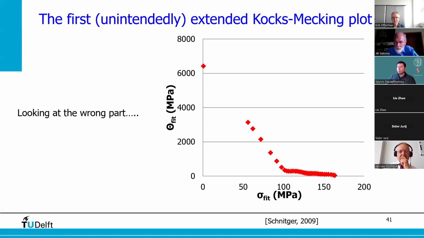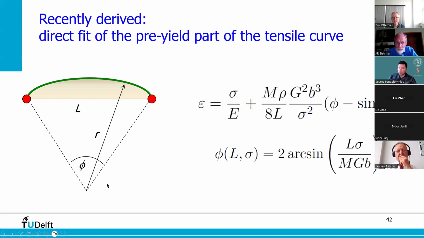But there is a problem with the Cox-Mecking plot, that you take the derivative. So to take the derivative, you get a lot more scatter than in your original measurements. So if you have scatter in the original measurements, it's difficult to take the derivative. But recently we derived, on the same basis, equations also for the anelastic behavior.